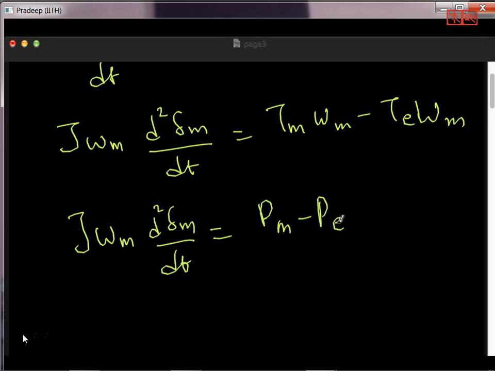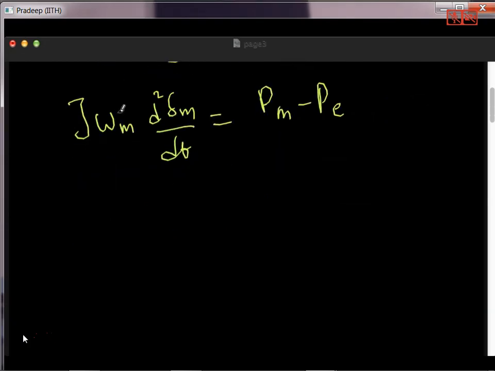Okay, so now let's further continue this. What I want to do is, this is moment of inertia multiplied by the angular velocity, so this one I can just denote as M. So let M equal to J omega m.